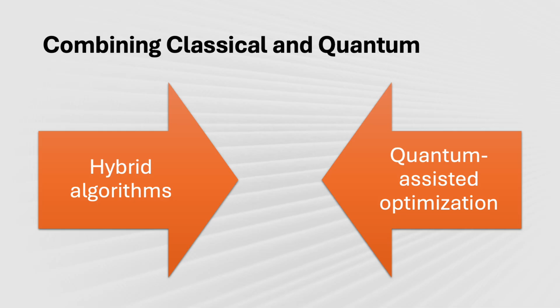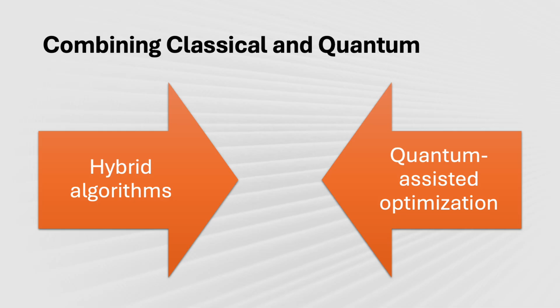Since quantum computers are still too small and error prone to solve entire problems on their own, scientists have developed algorithms where the classical computer does most of the heavy lifting and only sends the hardest part to the quantum computer. Think of it like a team project where each person does what they are best at.